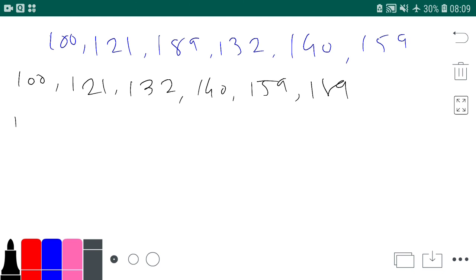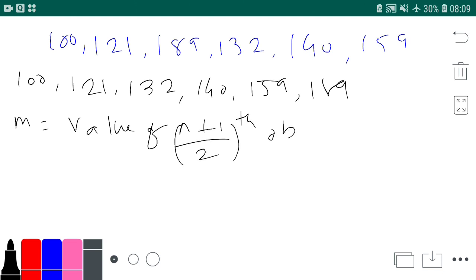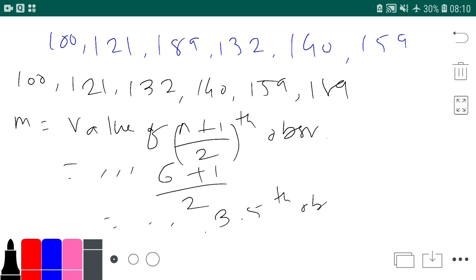Now median is what? Median is the value of the (n plus 1) upon 2 observation. So it is 1, 2, 3, 4, 5, 6. 6 plus 1 upon 2. 7 upon 2 is the 3.5th observation.